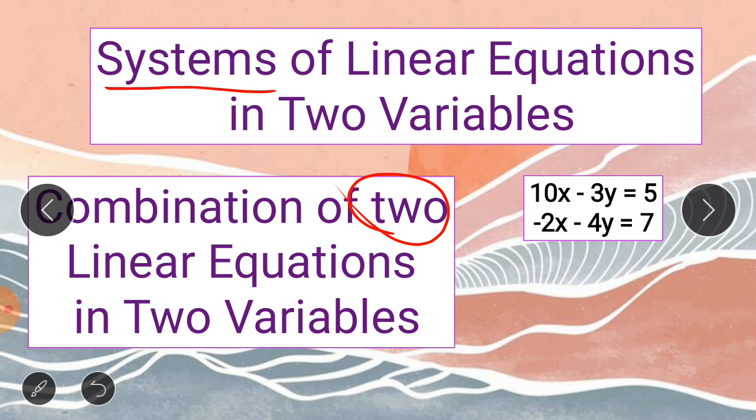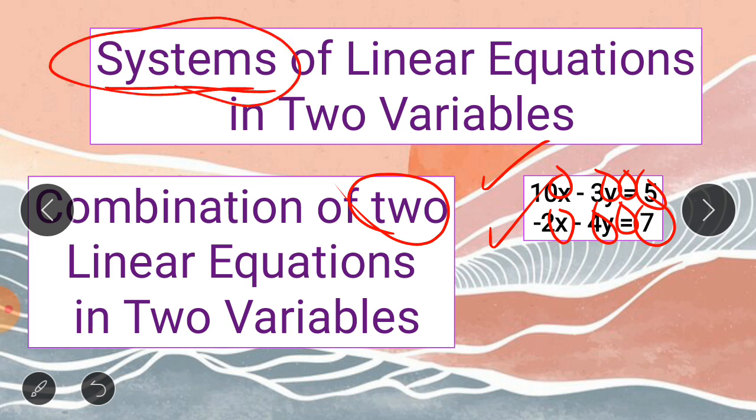Sabi ko sa inyo kanina, basta may x, may y, may equal sign, at may constant. So, check. The first equation is a linear equation. Number 2, may x, may y, may equal sign, may constant. So, check. These two given equations here are two linear equations in two variables. Therefore, this is an example of systems of linear equations in two variables.